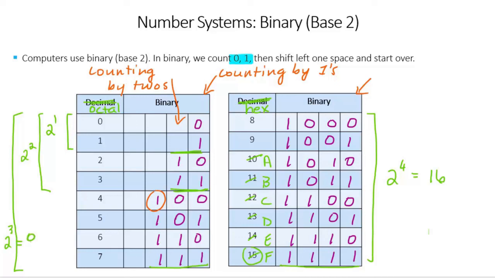So when we had 3 place values, we had 8 combinations, or we were able to count from 0 to 7. When we have 4 place values, we have 16 combinations. In other words, we're able to count from 0 to 15. Or, in the hexadecimal system, from 0 to F.